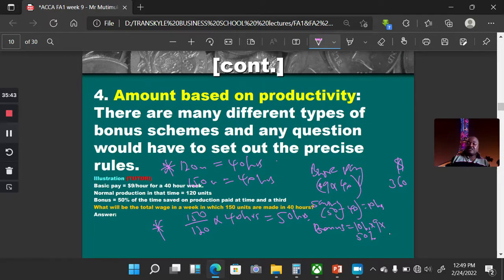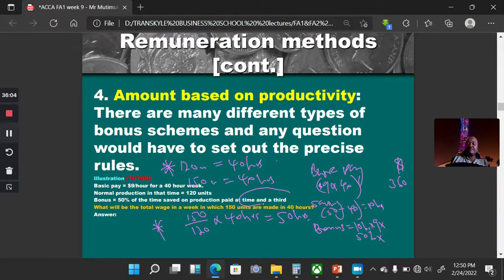Okay, so 10 hours multiplied by $9 per hour, which is the basic pay, multiplied by 50%. Okay, because the bonus is paid at 50% of these 10 hours, multiplied by the bonus rate, which is time and a third. So 1 and a third.